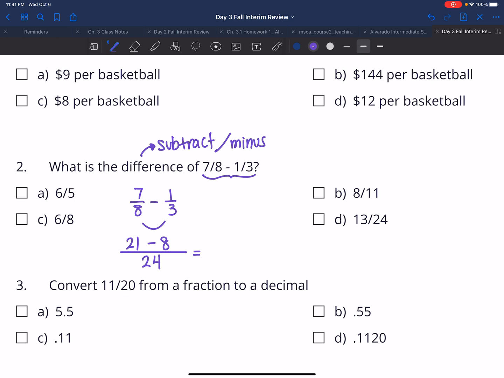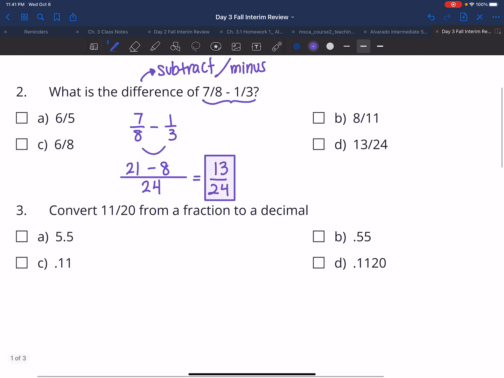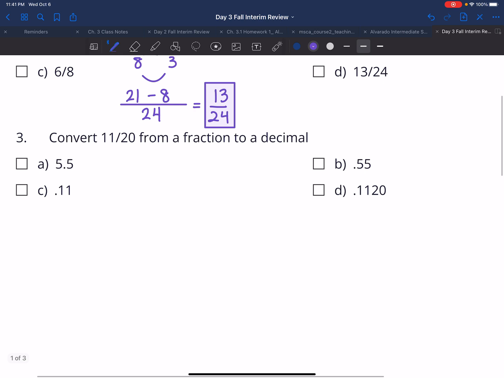Well, 21 minus 8 is 13 over 24. And that is the difference between these two fractions. Okay, guys? So that's one way. You can do it another way if you like. So I'm going to jump on to number 3.